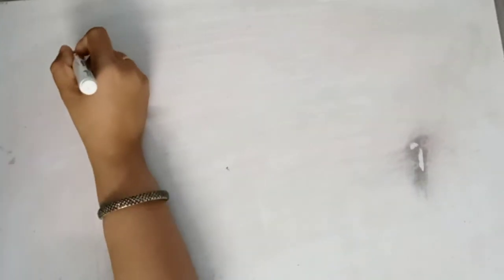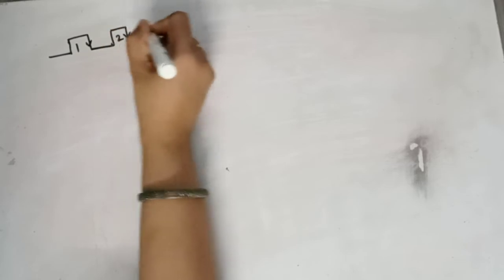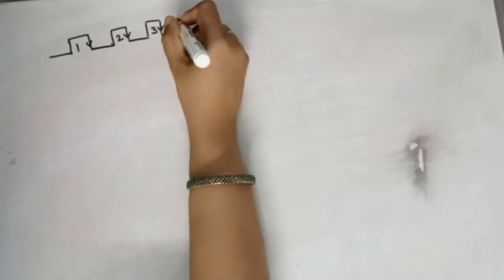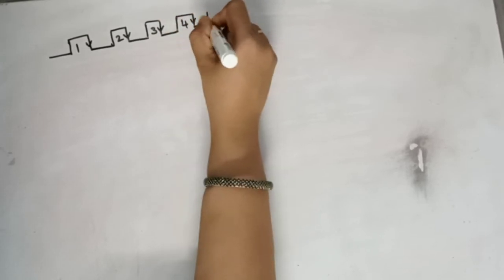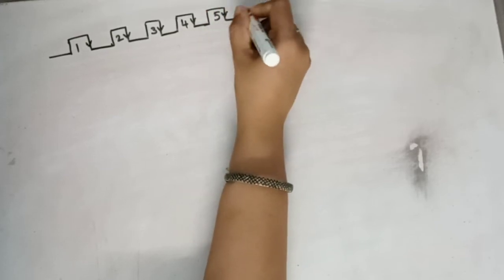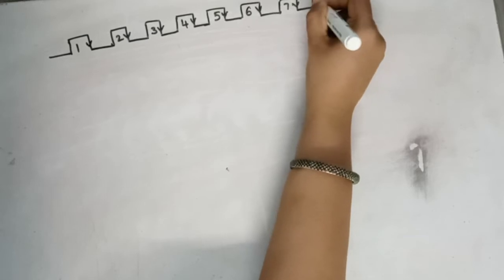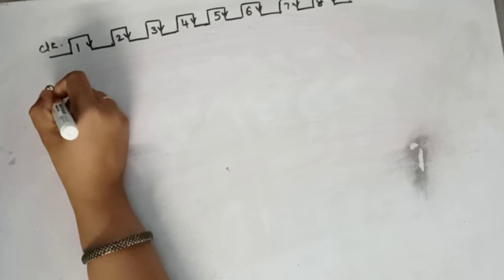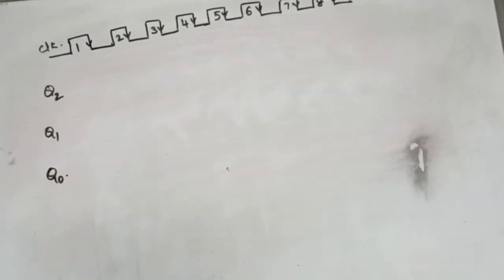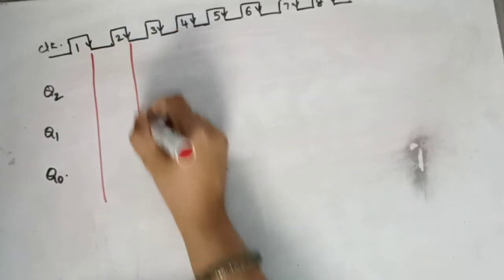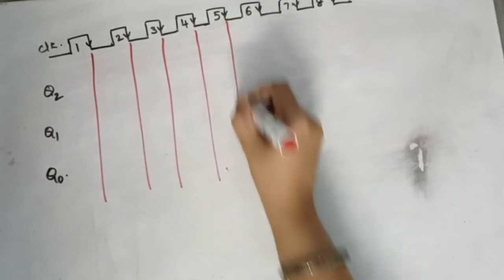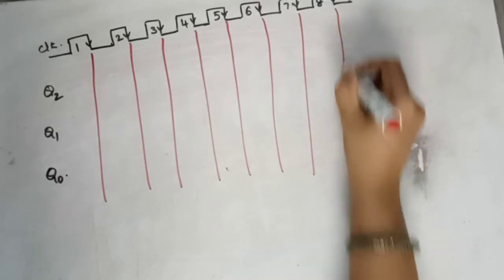So if you are to draw the timing diagram, you have the clock, okay, this is clock, and you have Q2, Q1, Q0, negative edge, yes.